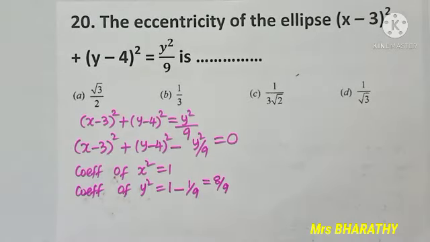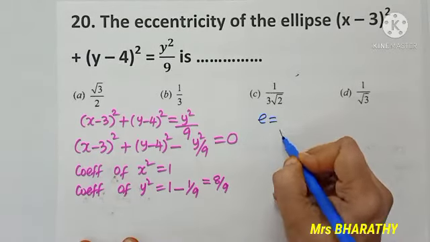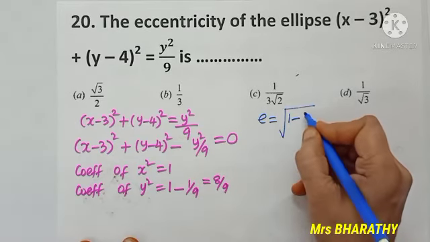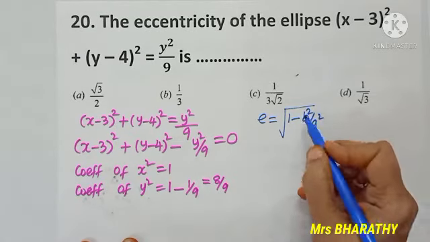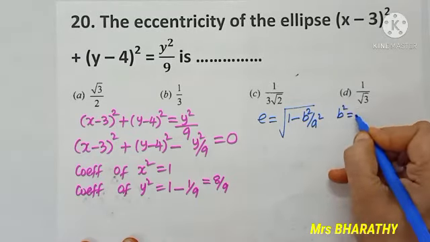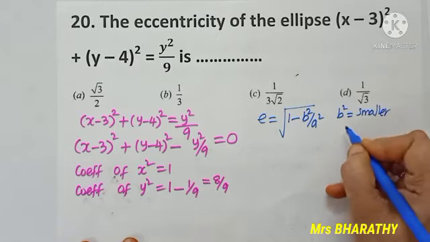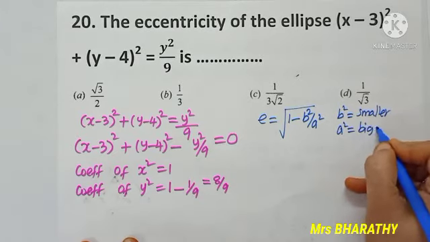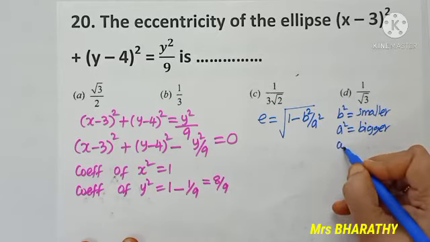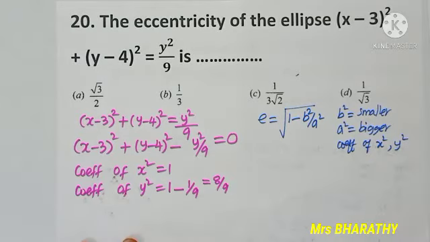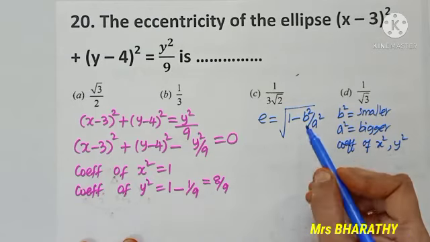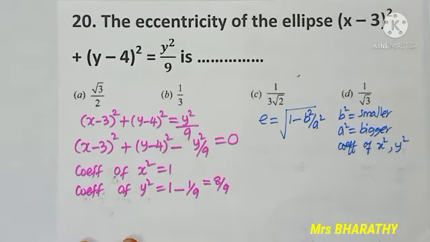My question is to find out what is E. To say in short, E is nothing but root of 1 minus B square by A square. Out of these two, B square is the smaller number and A square the bigger number. When I compare coefficient of x square, y square, the smaller one I call b square, the bigger one I call a square.